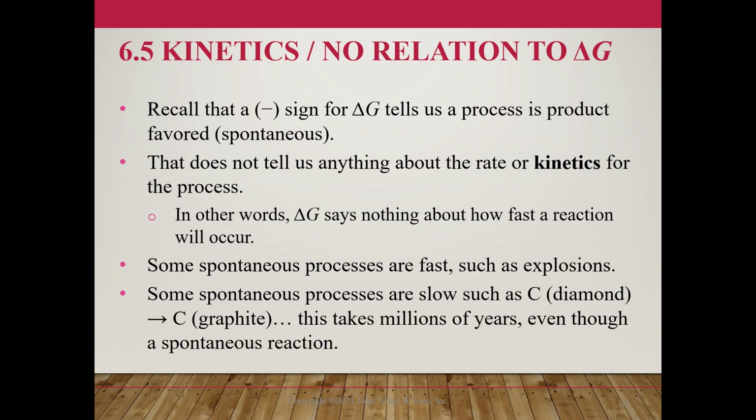Other spontaneous reactions are incredibly slow, like the natural progression of carbon in diamond turning to carbon in graphite. That takes millions and millions and millions of years. So usually your family jewels, your diamonds, are pretty much stable for all of your family's history, even though it is a spontaneous reaction to move toward graphite.